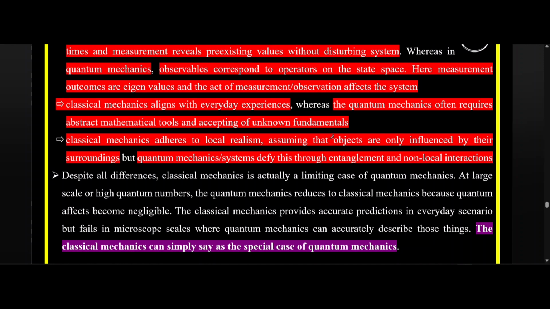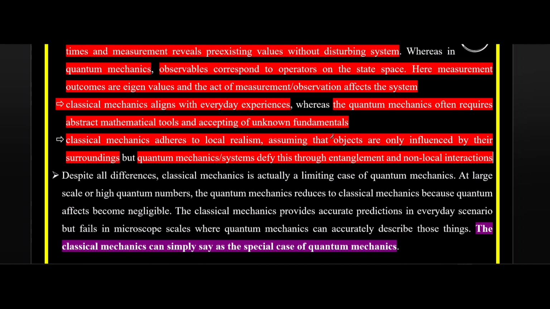In classical mechanics, particles follow local realism, that is, objects are assumed to be influenced only by their surroundings. But in quantum mechanics, this particular concept is completely rejected, as we know, since we have discussed what is meant by entanglement, wave particle duality, and non-local interactions.